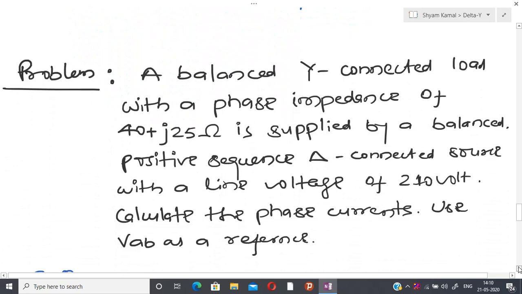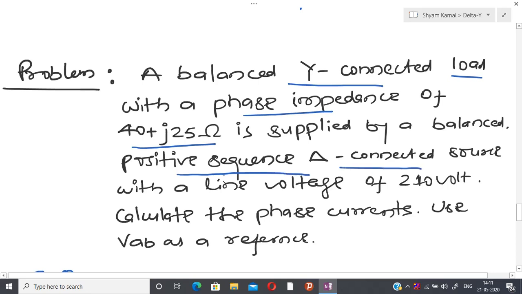So now I am going to talk about one numerical example, and after that I will close today's lecture. Suppose I have one balanced Y connected load, and the phase impedance I am assuming this, and again I am assuming that I have a delta connected source with positive sequence, and the line voltage is 210.